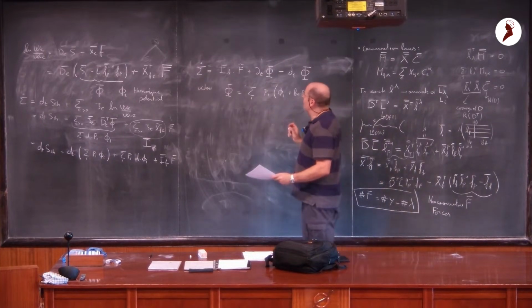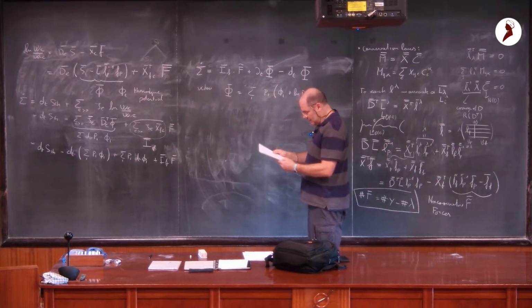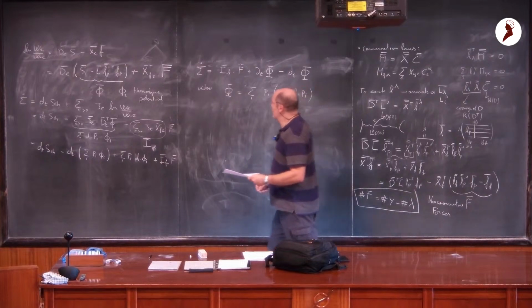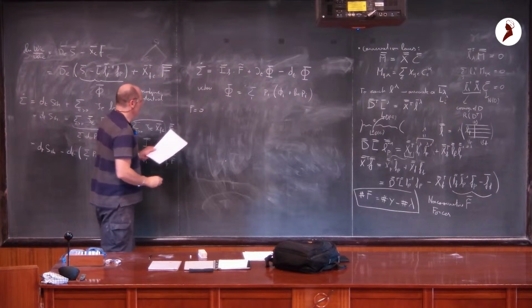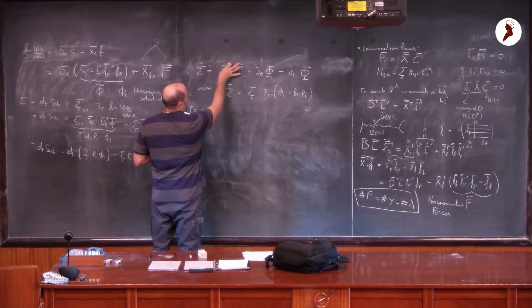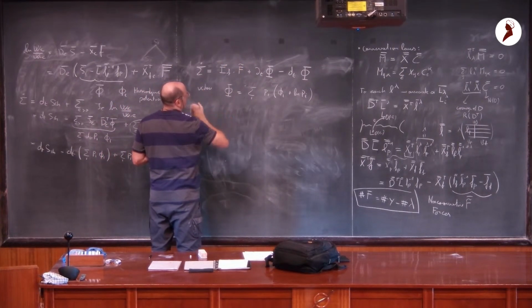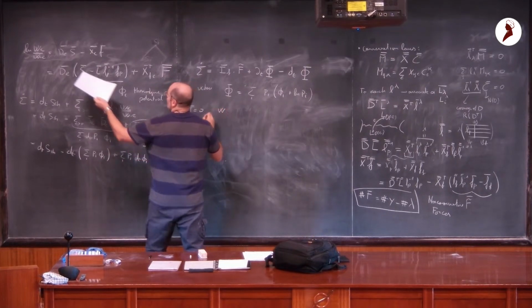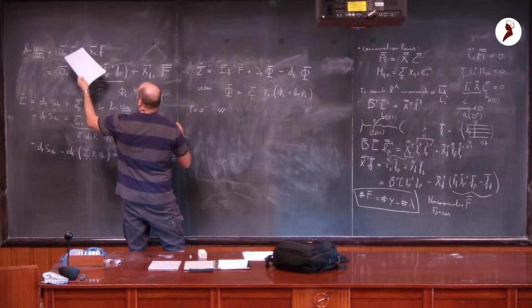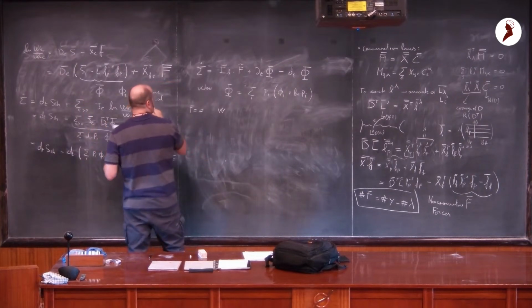And this is really the final result I wanted to get at, because now we can show that if F is equal to 0, okay, this term is 0, and as a result of the local detail balance, this guy is 0.